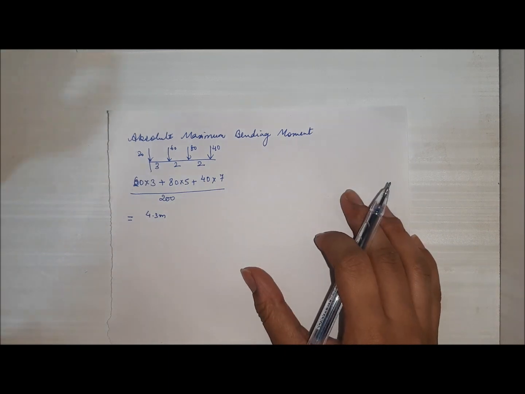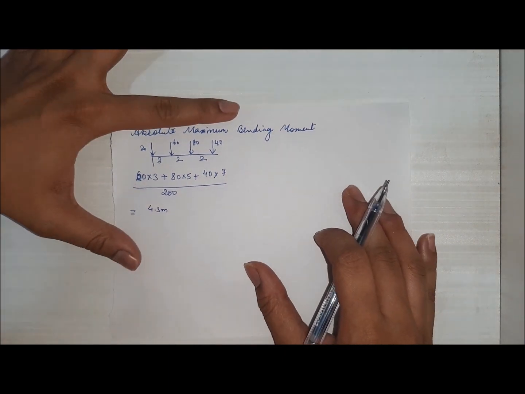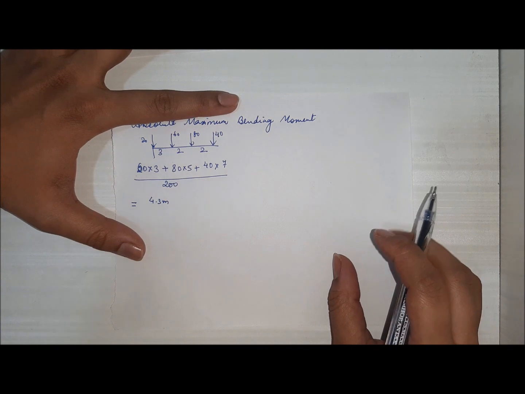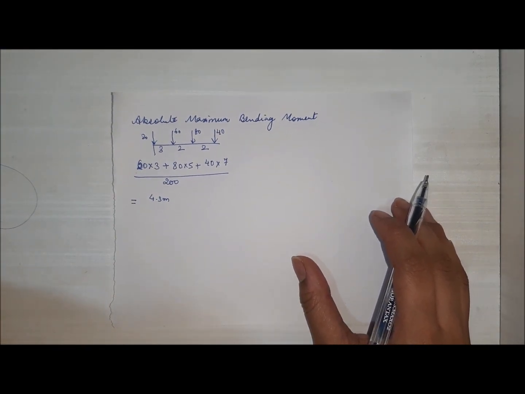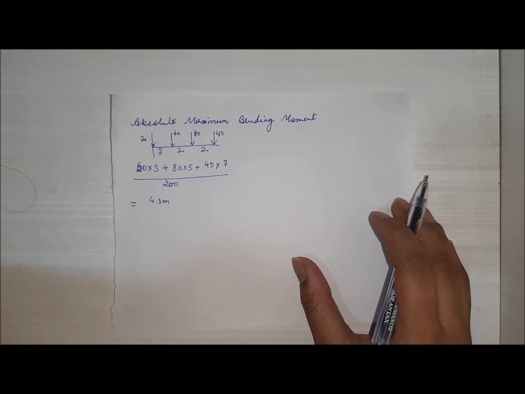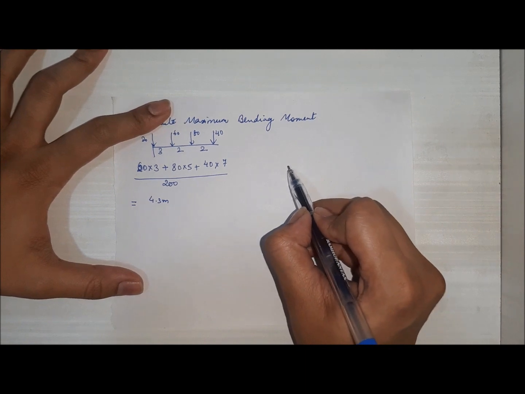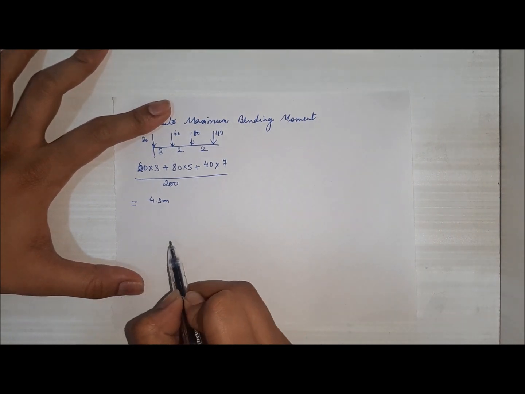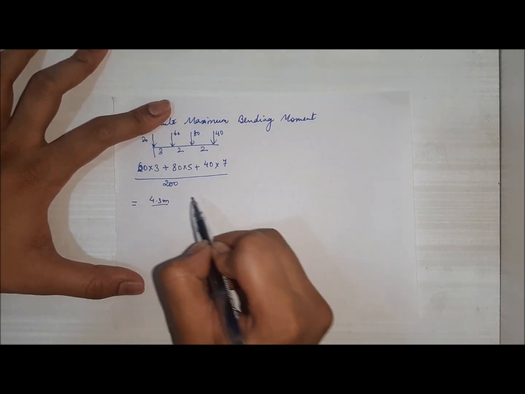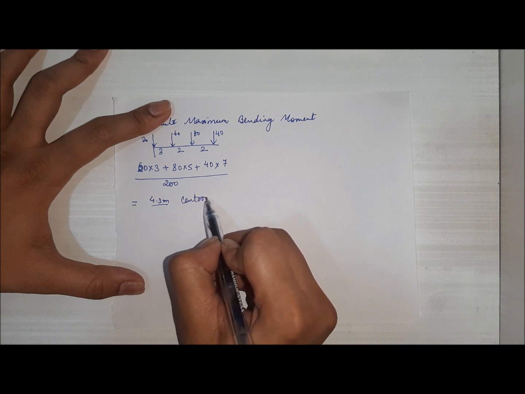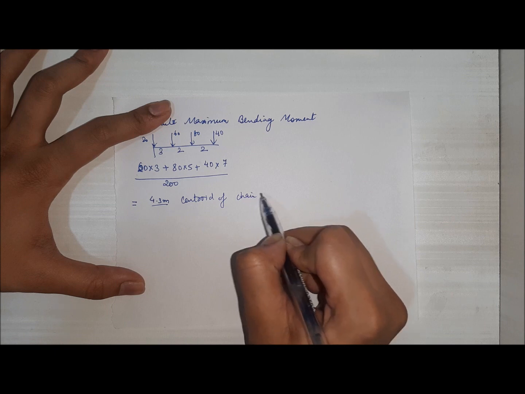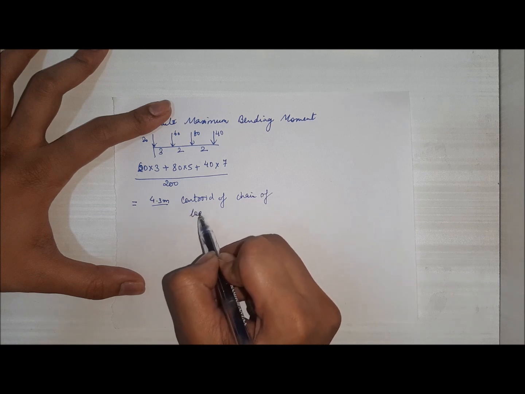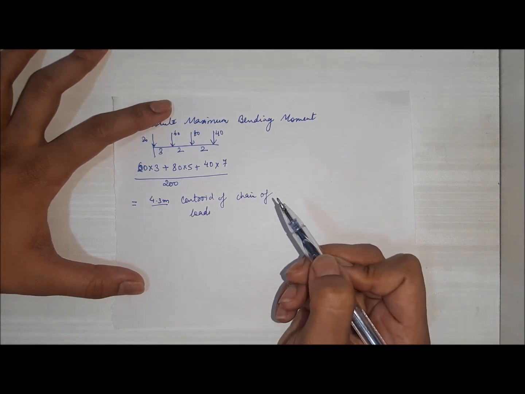Right? Now to find out the absolute maximum bending moment, where will it lie? If no load is specified, maximum bending moment will generally lie at the center of the span, that is the center of beam AB. Now this is the centroid of the chain of loads, or basically train of loads.